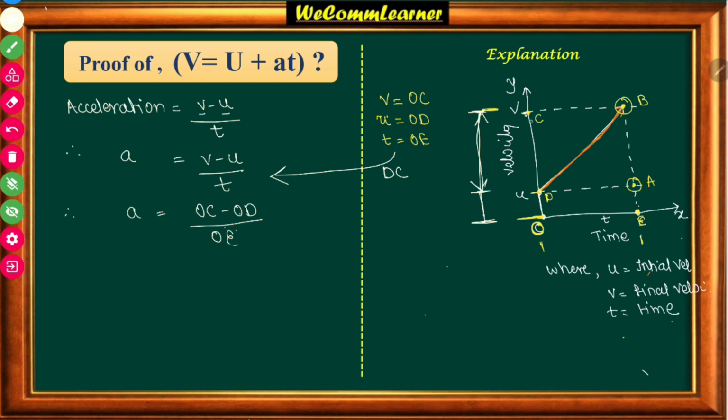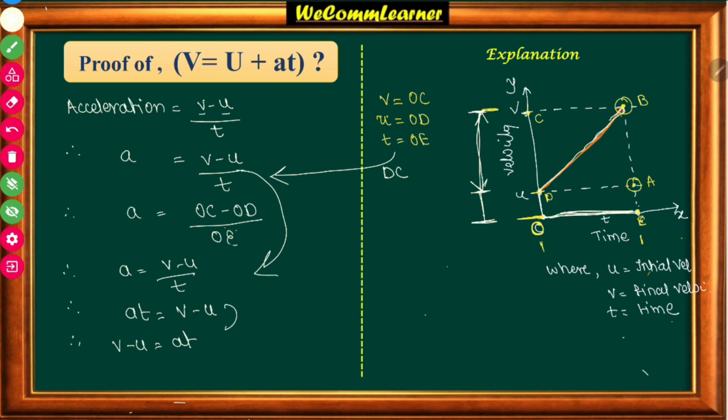DC is nothing but the change in velocity with respect to this time. Now if you do some cross multiplication, what will you get? AT equals v minus u.